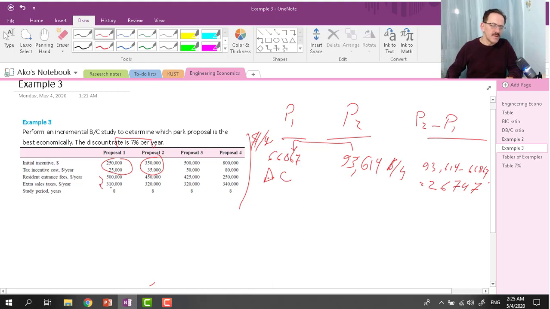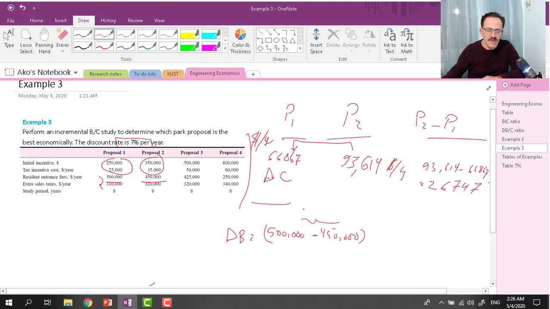Now we have to work on the delta B. For delta B, we have in this paying dollars here, we have $500,000 per year, and the paying fees are lowered by 50,000. So delta benefit is here: 500,000 minus 450,000. This is the cost, this is the benefit.